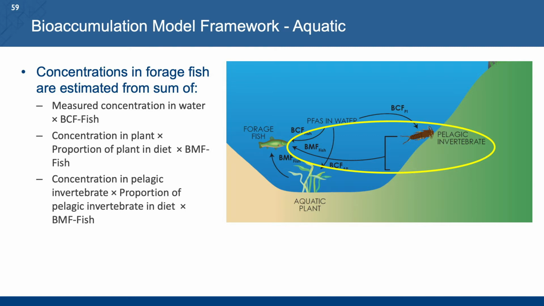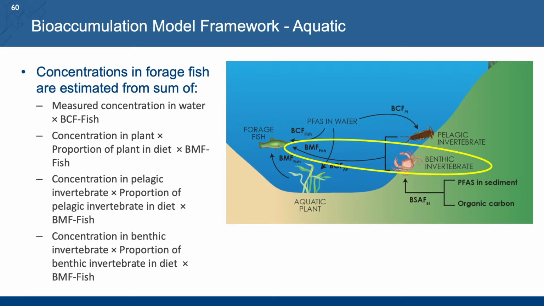You're multiplying that by the BMF and the proportion of the pelagic invertebrate in the diet of that fish. Same thing for benthic invertebrates. You've predicted the concentration in benthic invertebrates in the first step of the model. In this next step, it's being used with the proportion of the benthic invertebrate in the diet and the BMF for the fish.